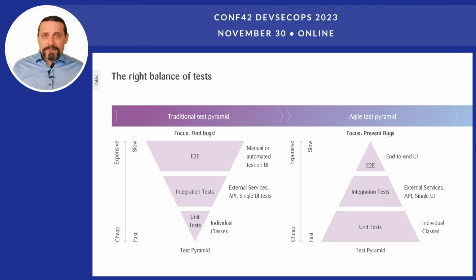And this brings us to, when you look at the traditional test pyramid, the focus is on finding every bug, where on the agile testing pyramid, the focus is on preventing bugs. So it's a risk-based approach which we are applying.